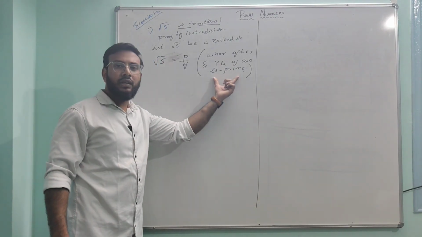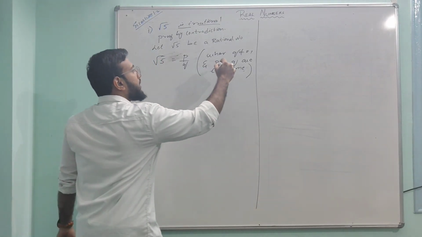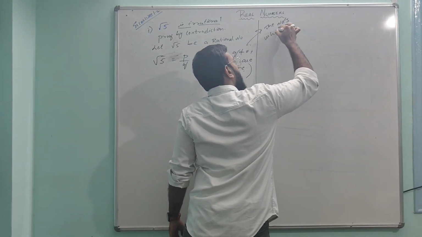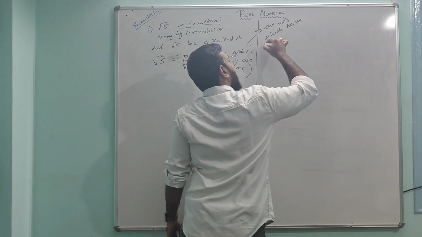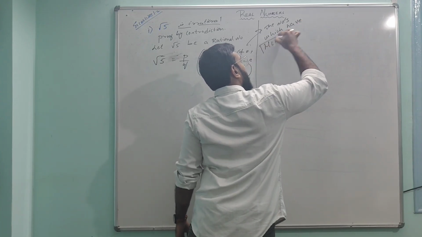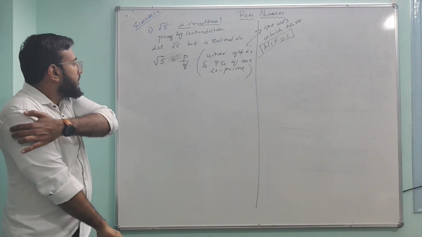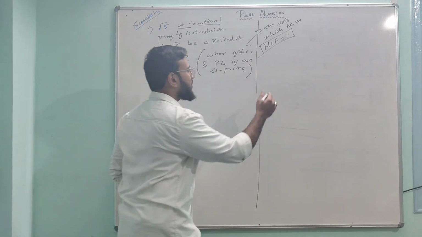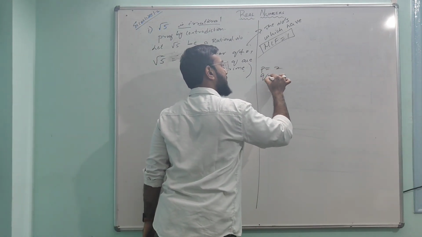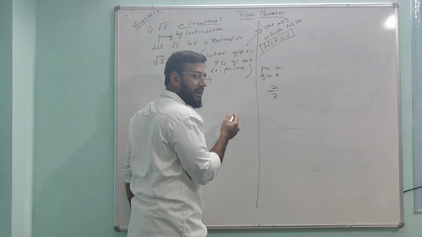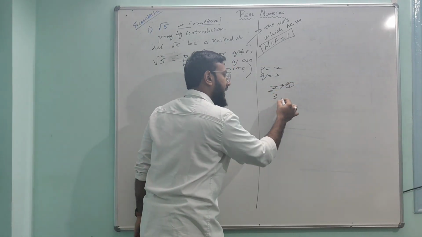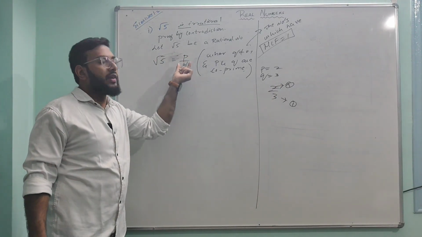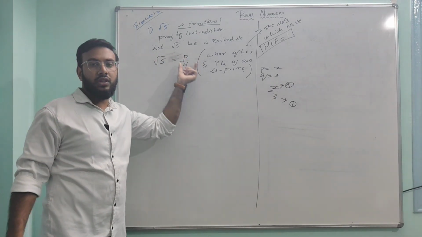Those numbers which have HCF equal to 1. We are considering the condition that p and q should have HCF 1. Meaning, assume p as 2 and q as 3: 2 by 3, correct? The HCF is 1 because they are prime numbers. We are considering that kind of example, where these two numbers are co-prime to each other. Clear?